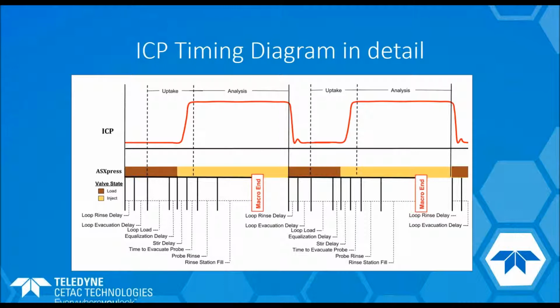The red line there is your ICP signal, and you can see that it's paired to the valve state on the ASXpress. The brown is your loop, your load setting. So what happens is there's an initial rinse step, then your loop is loaded. Once that loop is loaded, the valve switches, and you can see right after that, brown turns to a tan color, and your uptake begins.